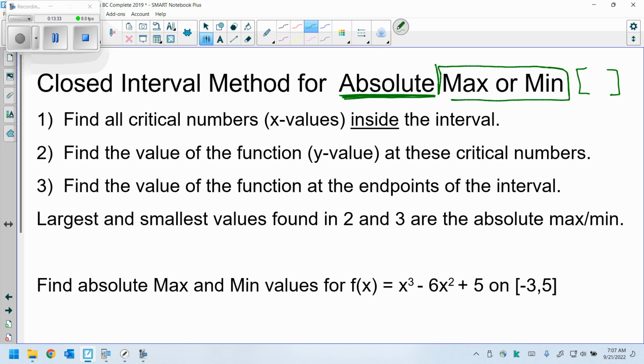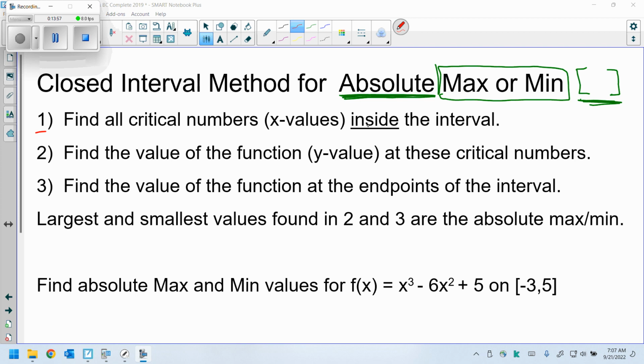But if they give you a closed interval, they're talking absolute max, absolute min. And there are 3 steps to this. 1, find all the critical values, all the places where the derivative is 0, all the places where the derivative doesn't exist.